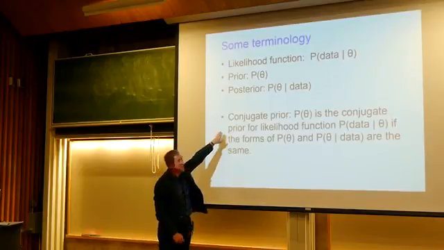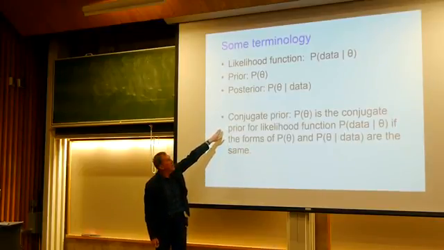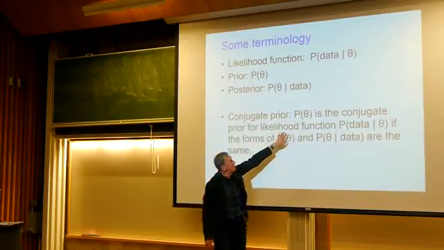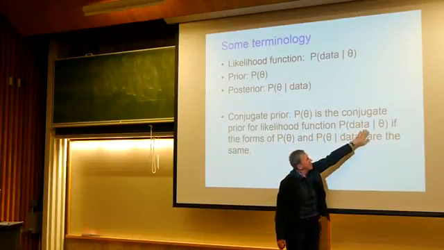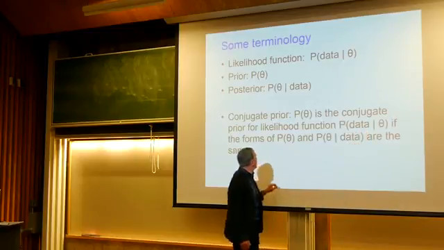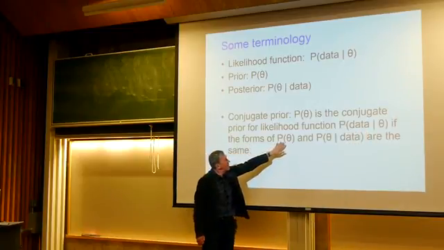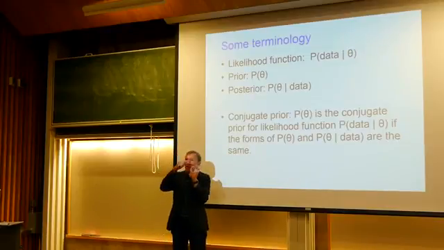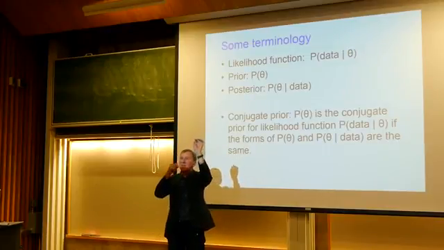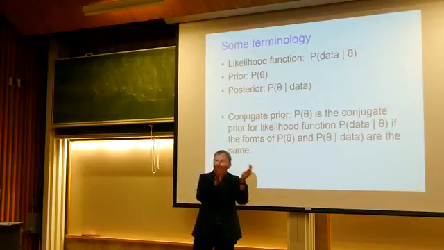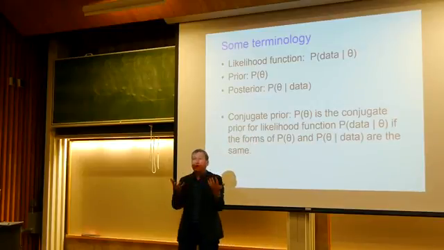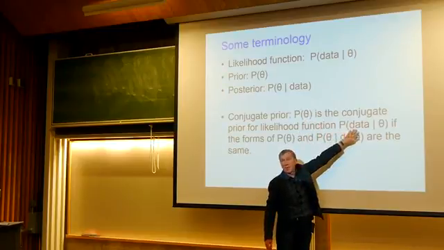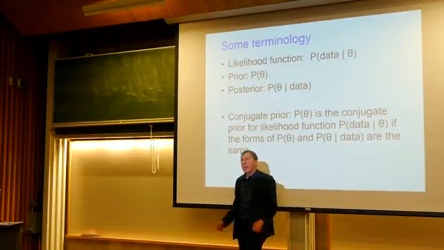That's called a conjugate prior. In general, a prior is the conjugate prior for some likelihood function p of data given theta if the functional form of those two are the same. In our case, they were the same. They were theta to an exponent times 1 minus theta to an exponent. And that was true both for the prior that we made up and for the form of the data likelihood.